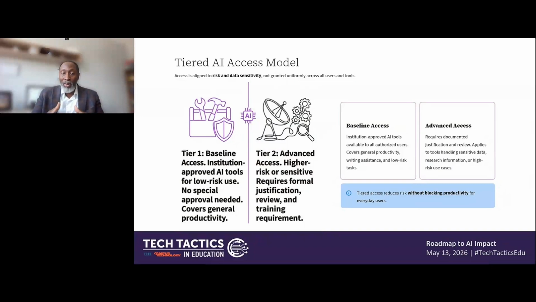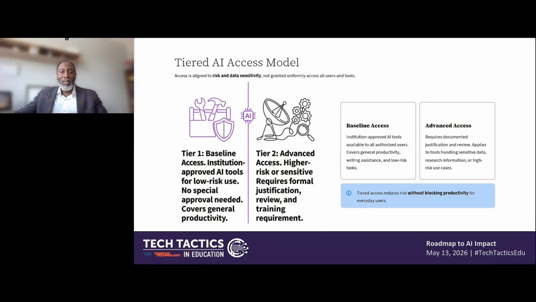However, we found out that there are needs beyond Copilot. ChatGPT is a very powerful tool. And so we have ChatGPT Business that is an additional cost, but that's a tier 2 license that we will apply after justification that what our users need to do, they can't do in Copilot.